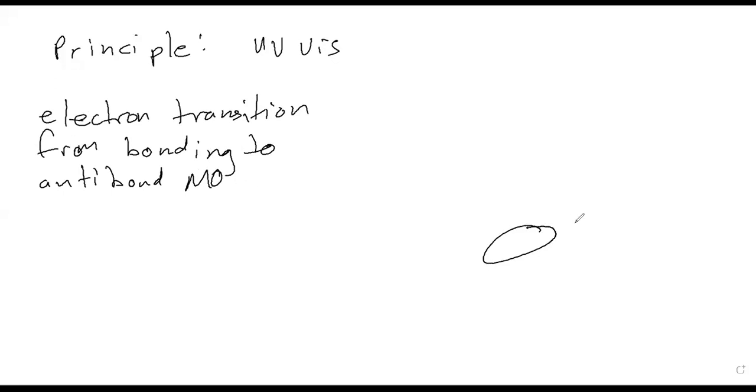So electrons move from bonding MO to antibonding MO. That is the basis. Electrons in your bonding molecular orbital absorb the energy and move into the antibonding.